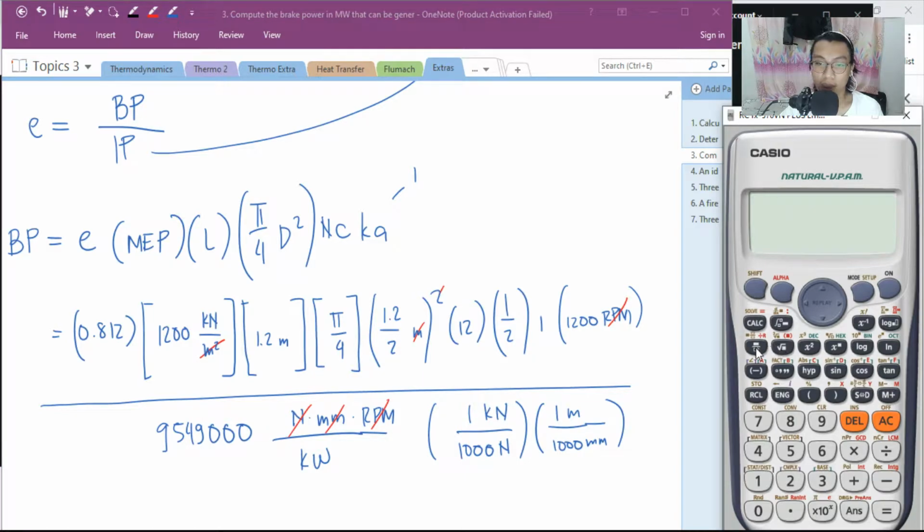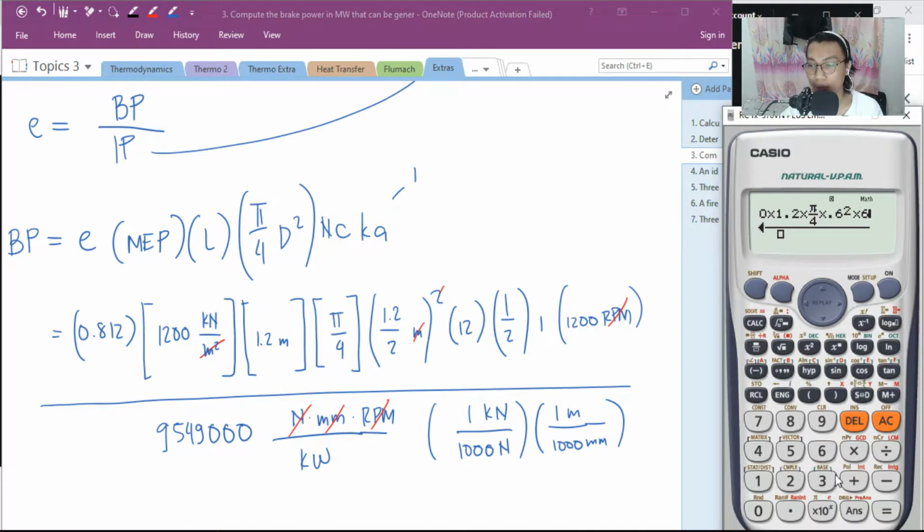So, let us solve. 0.812. Masanay na kayo. Ito talaga yung mga pinakamahihirap na ibinibigay sa atin. Times 1.2 times shift pi over 4. Kaya masanay ka, ilista mo muna bago mo ilagay sa calcu. Times 0.6 squared times 12 divided by 2.